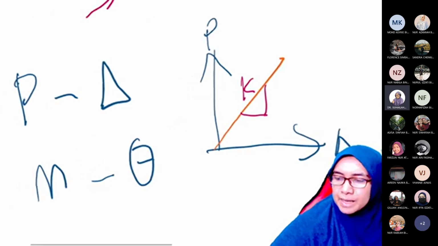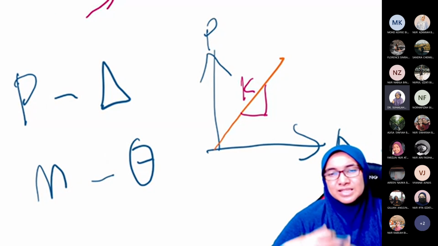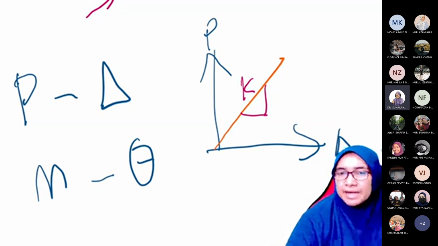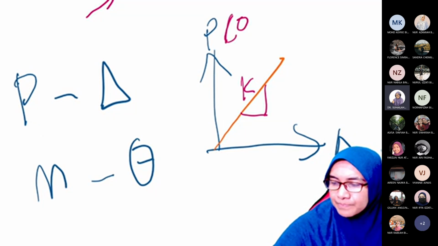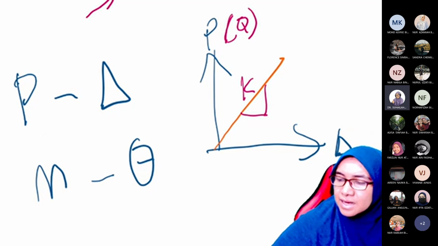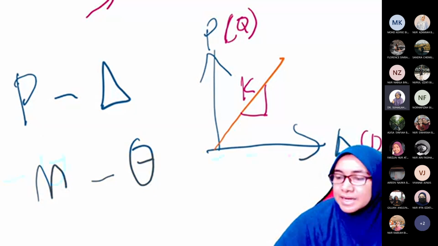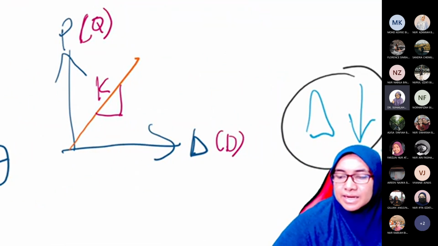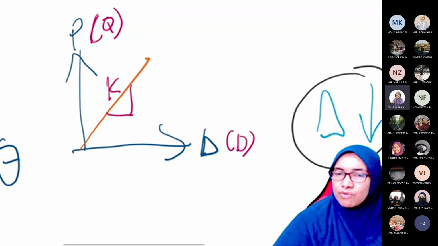Okay, P and delta. If we change to the terms we use in the stiffness method, P becomes Q, and delta becomes displacement, D. Q and D. Q can represent moment because Q is forces.